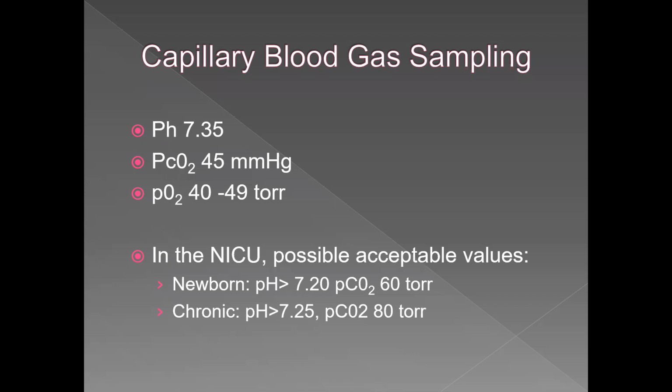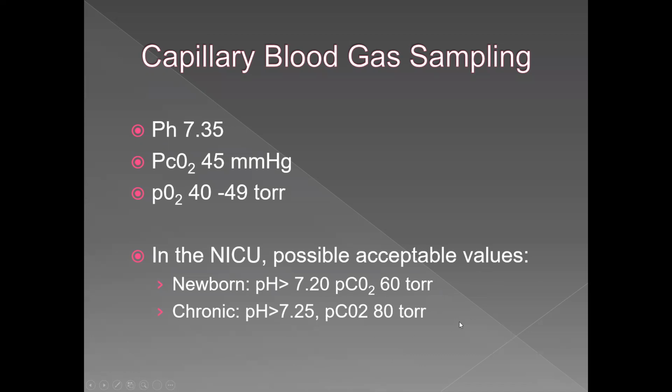And again, what's normal is going to vary according to, oh, it has it at the bottom. I'll tell you about O2 in a second. So newborns, as long as the pH is greater than 7.2 and CO2 less than 60, they're happy and they don't make any changes. Because we would look at this and say, hey, I think we need to intubate.